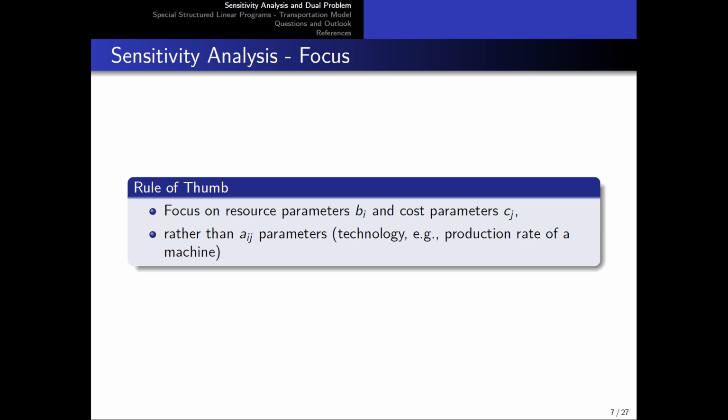The other parameters given by AEY that give us the production rate, for instance, or the applied technology, we would normally consider as being quite robust, so we would not question them too much.